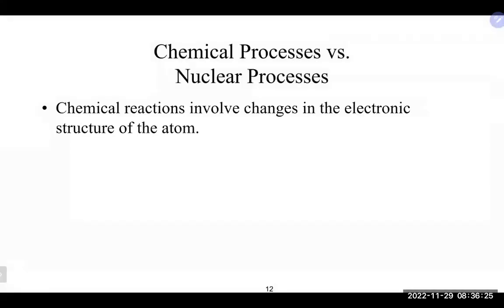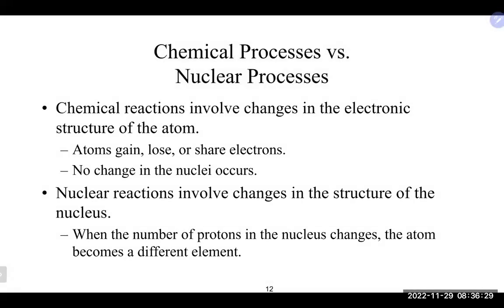All right. So as we talked about a little bit here, there is a really big difference between chemical processes and nuclear processes. In a typical normal chemical reaction, it really is all about breaking bonds and making bonds, and that's pretty much all electrons.